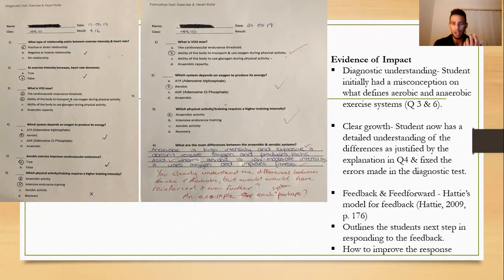So in red there, I outlined the student's next step in the process in responding to the feedback, and then obviously that was based around improving her answer. So I left it as like an open-ended question just for her to sort of think about how she could improve that answer. So I obviously stated that she clearly understands the differences, but what would have reinforced it even further? Maybe an example, perhaps.